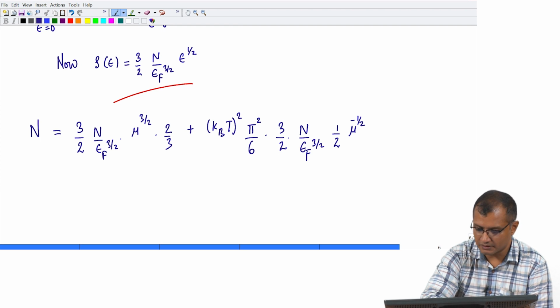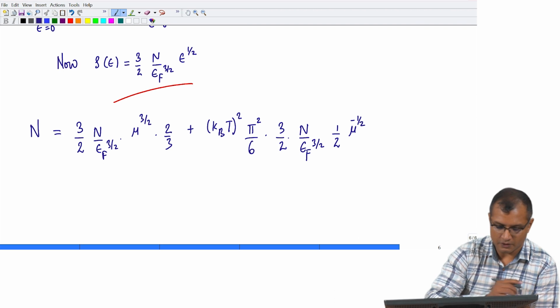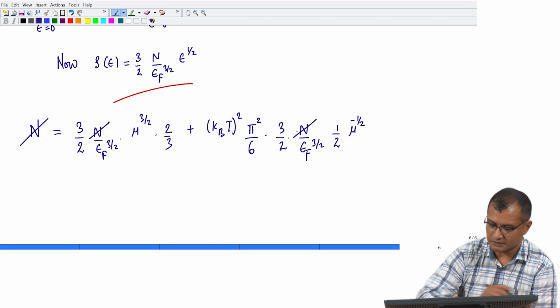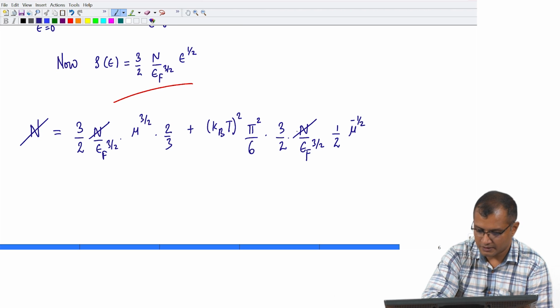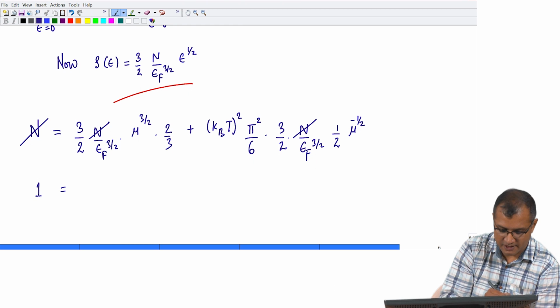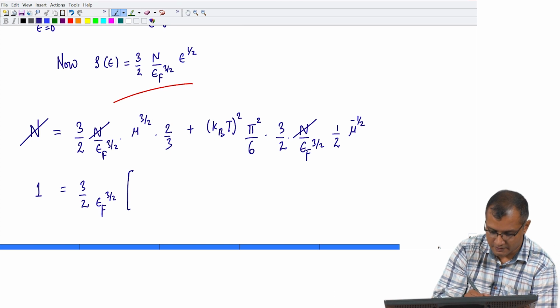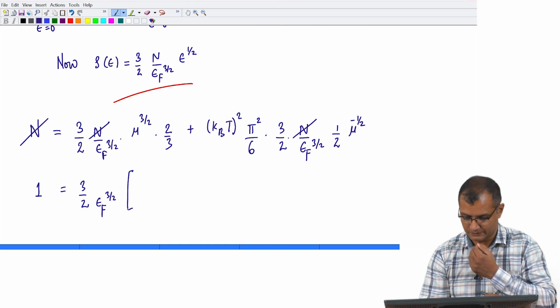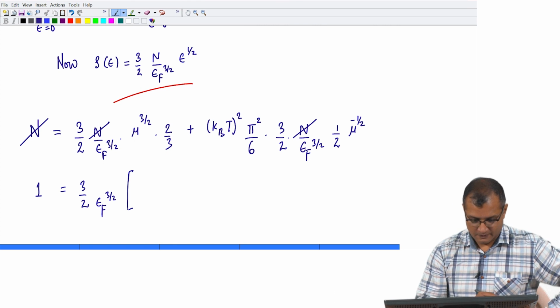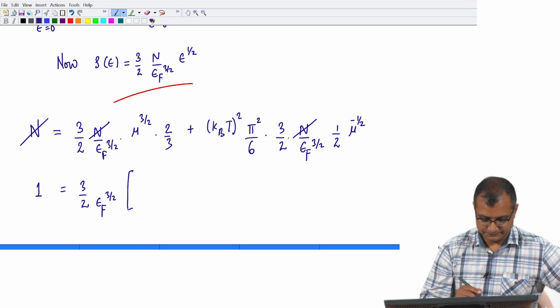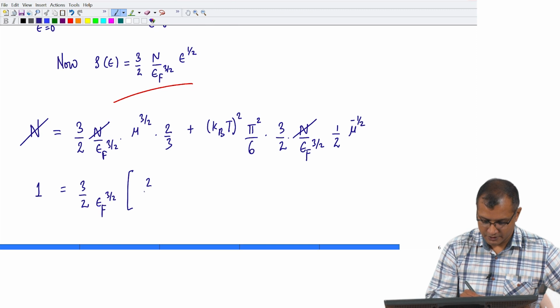So, what you can do straight away here is the following: you can knock off these n's from all the sides, and what you can also do is take, so your right hand side becomes 1, you can take 3 by 2 E_F to the power 3 by 2 outside. So, what you will be left with is basically 2 by 3.